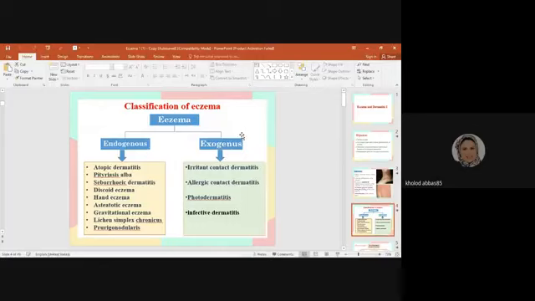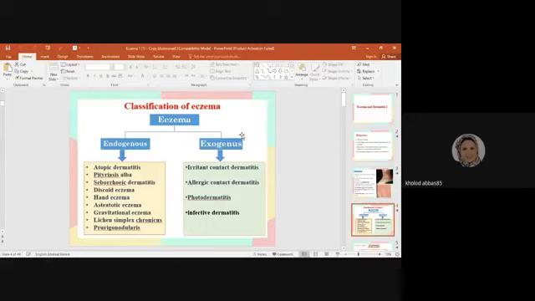Examples: atopic dermatitis, pityriasis alba, seborrheic dermatitis, discoid dermatitis, asteatotic dermatitis, gravitational dermatitis or eczema, lichen simplex chronicus, neurodermatitis, and prurigo nodularis.